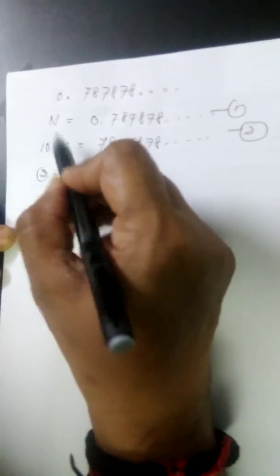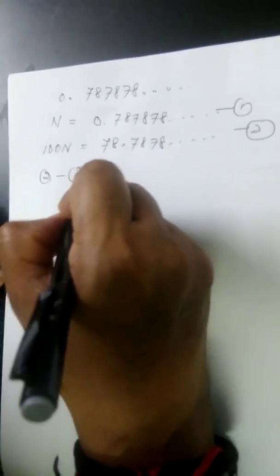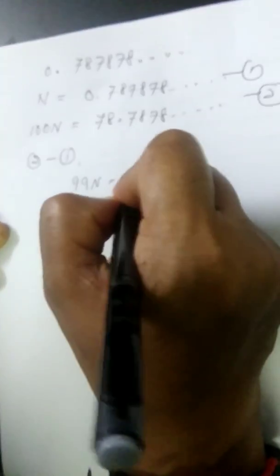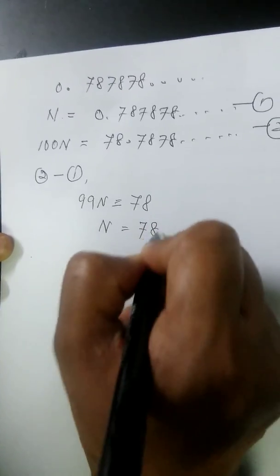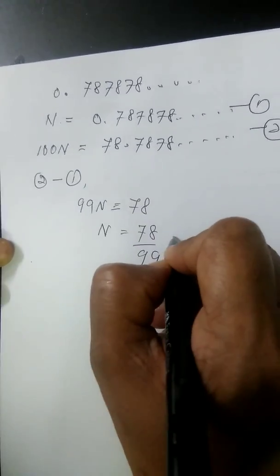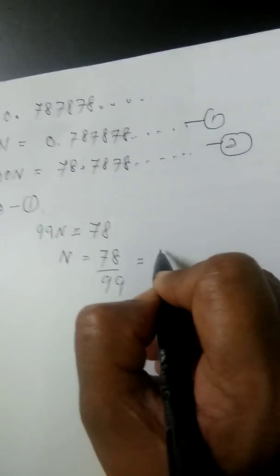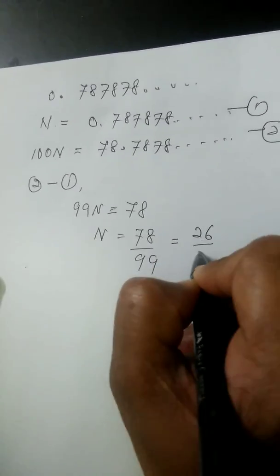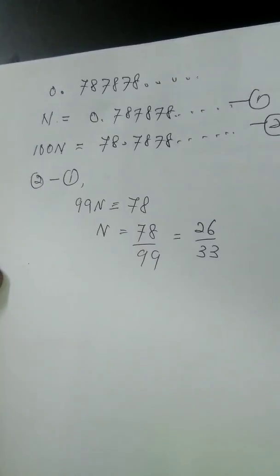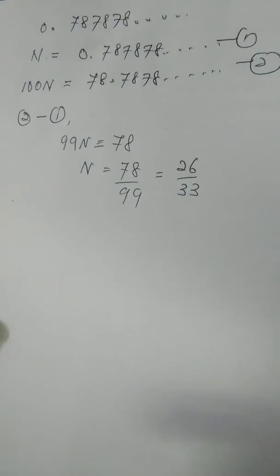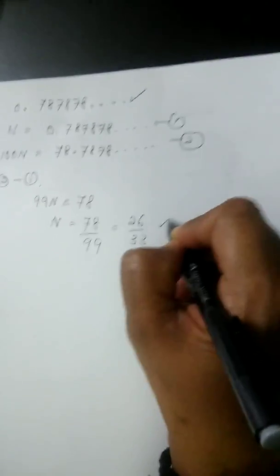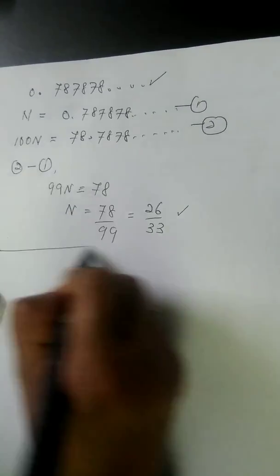When you subtract, you get 99n equals 78. Meaning n becomes 78 over 99, which can be simplified further to become 26 over 33. So this decimal can be converted to a fraction.